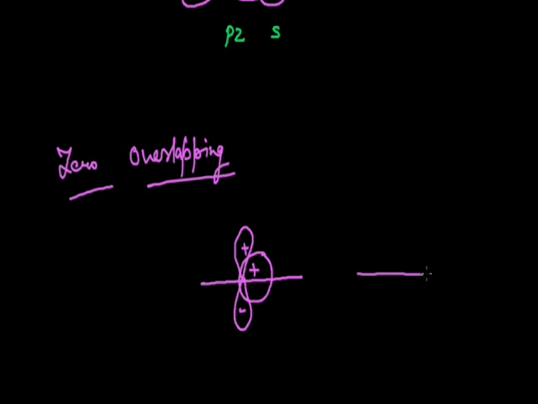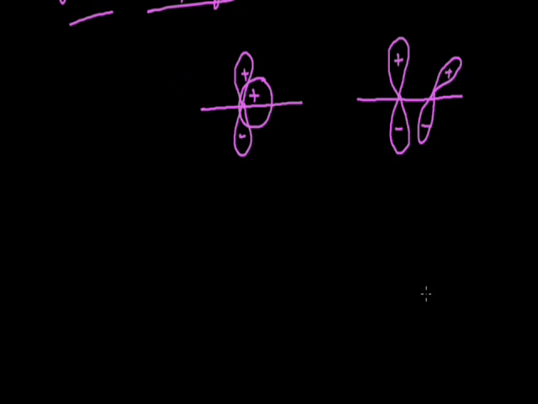Similarly, if we talk about the overlapping of, say, px and py orbitals, overlapping is not possible. Such interactions lead to zero overlapping. Actually, there is no interaction at all.